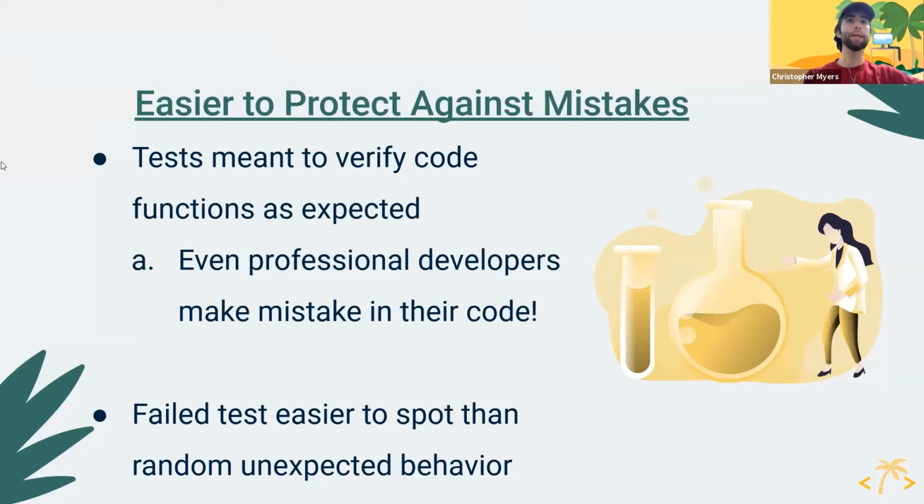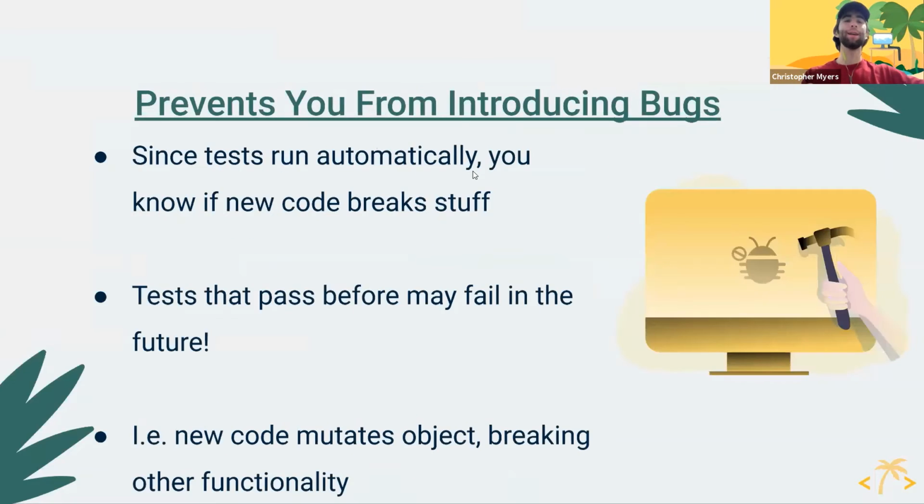The second reason is it prevents you from introducing bugs, kind of similar to the first one. But since tests are run automatically, if you have a test that passes earlier and then you write some new code and it breaks old functionality, well, that test that passed earlier is now going to fail.